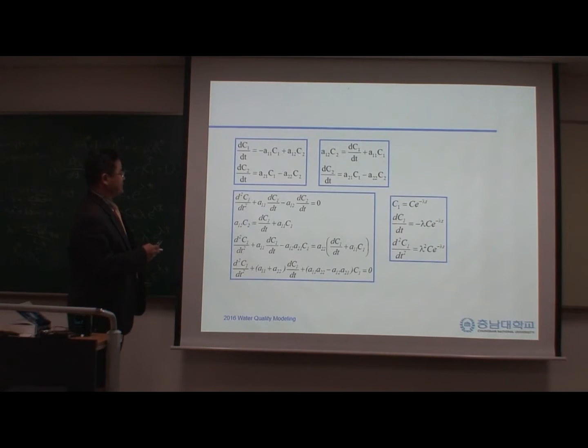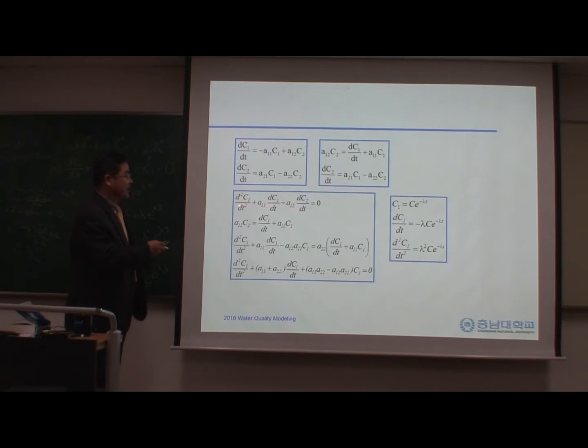For example, let's take a look at this one. Let's move everything to here and then differentiate once again. Then this one becomes like this, and this one becomes like that, because this one is moved to here, then A is minus, plus becomes plus, this plus becomes minus, right?